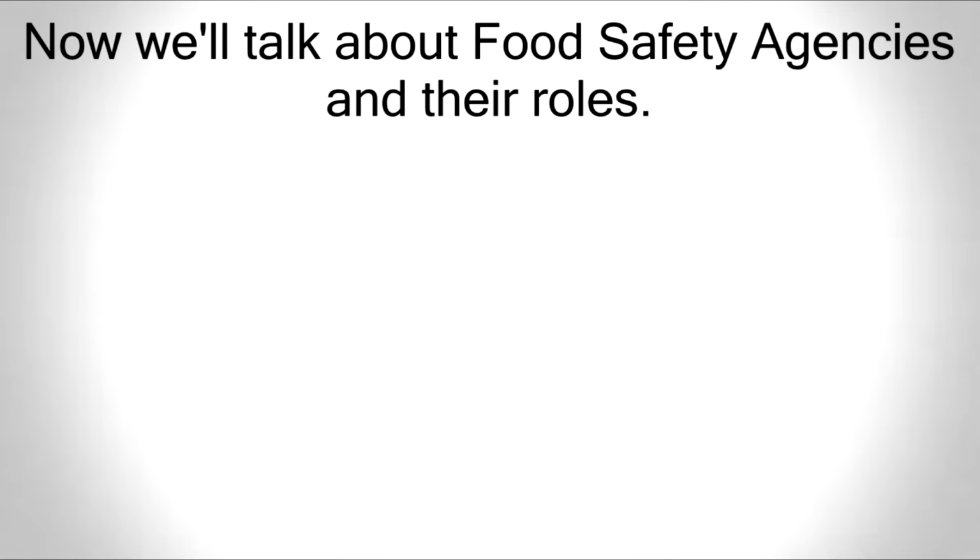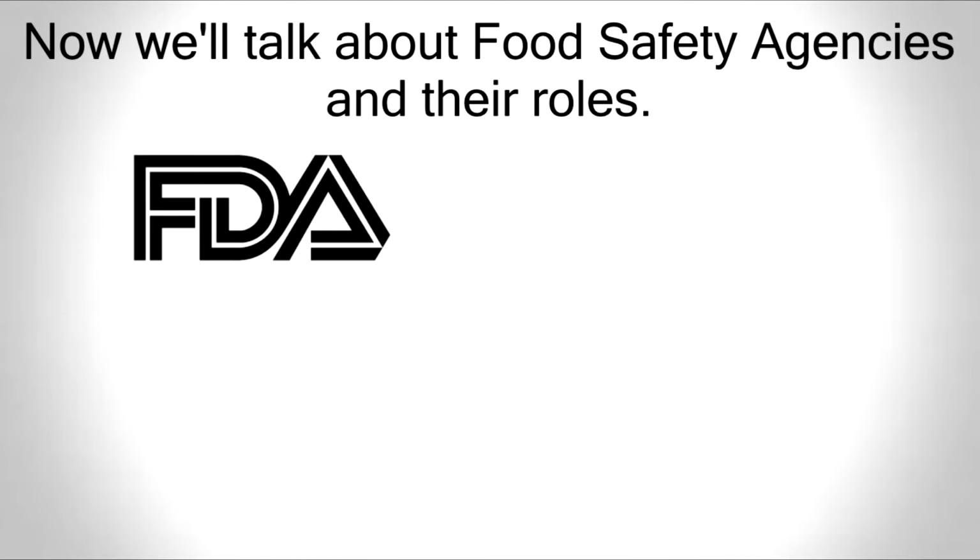Now let's talk about some food safety agencies and their roles. The FDA, or Food and Drug Administration, writes the Model Food Code and controls all food except meat, poultry, and egg products across state lines. They conduct inspections of food processors.